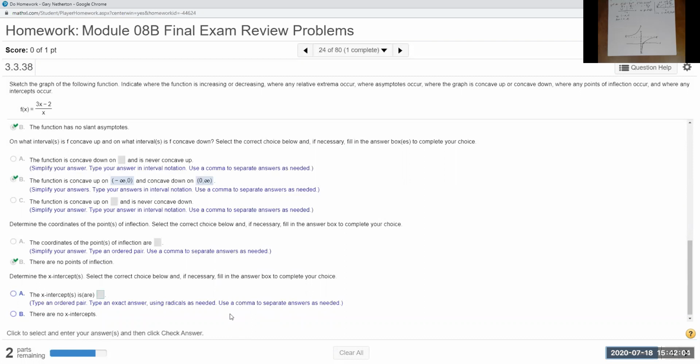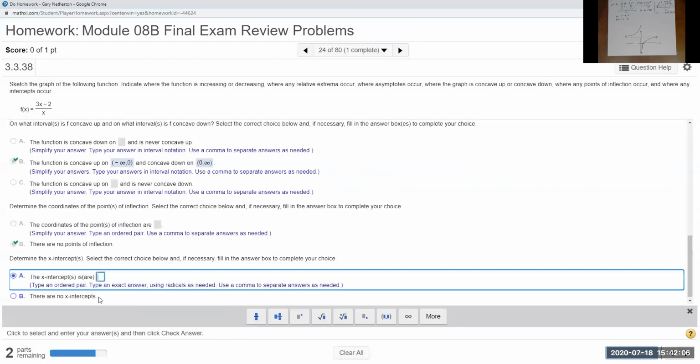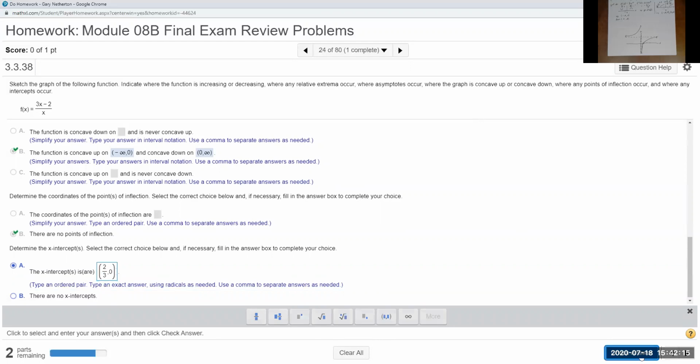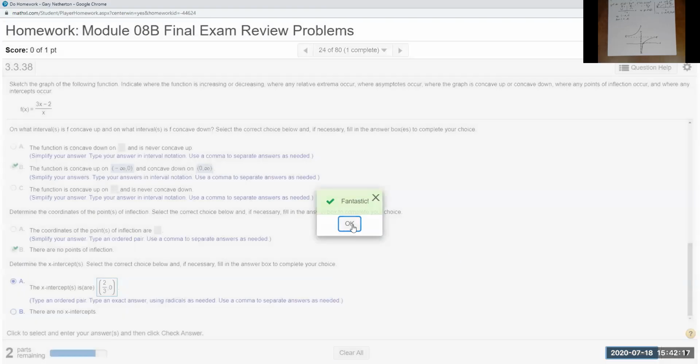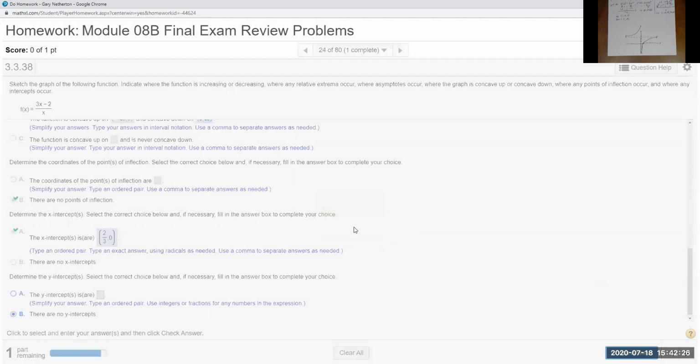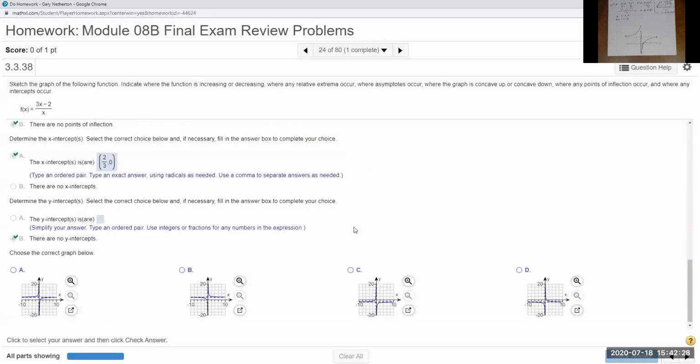X-intercept, 2/3, 0. Y-intercept, there weren't any. And the graph. This is the one that looks like ours that we created.